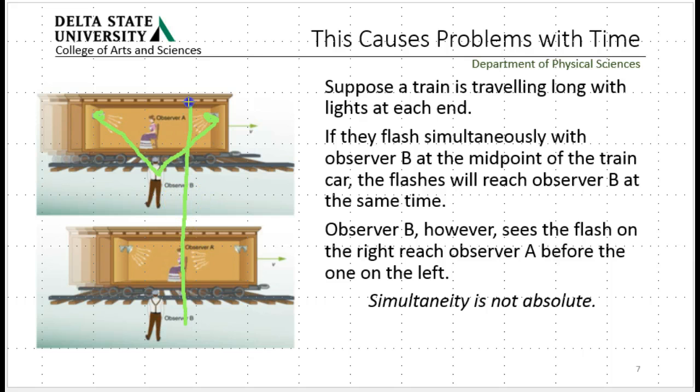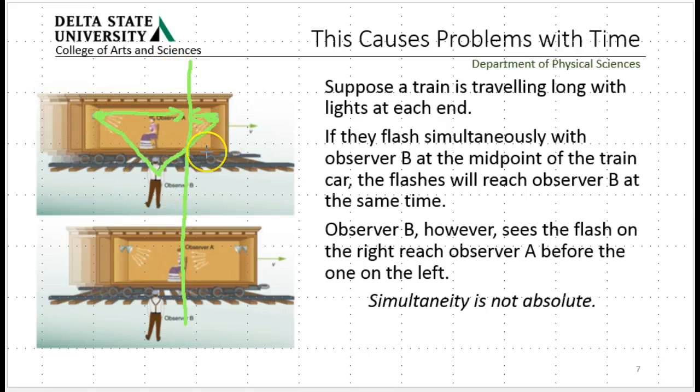If you look at where the woman is when the light arrives, the light goes from here to there and from here to there, to line up with where she is when the light actually reaches there.